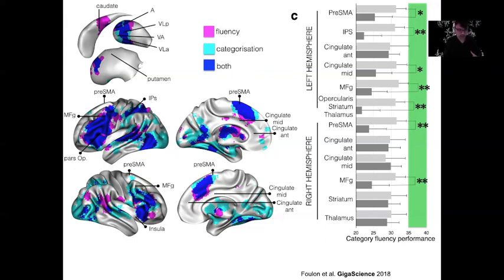Bear in mind that I only had 60 lesions, so I didn't have a full coverage of the brain. So what we're going to look at is whether the regions that are disconnected in the next slide still fall into the network of regions that are classically activated during fluency or tasks manipulating categories in healthy controls.